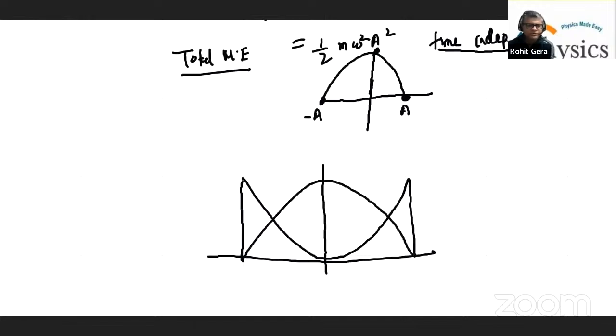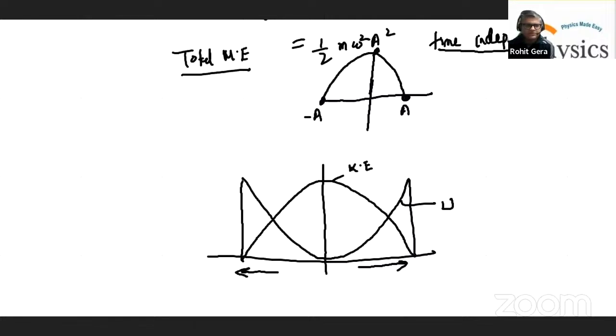So this is my U, the potential energy, and this is my kinetic energy, which reduces as we move towards the amplitudes. And since the position is increasing, the potential energy is increasing towards the right and left respectively.